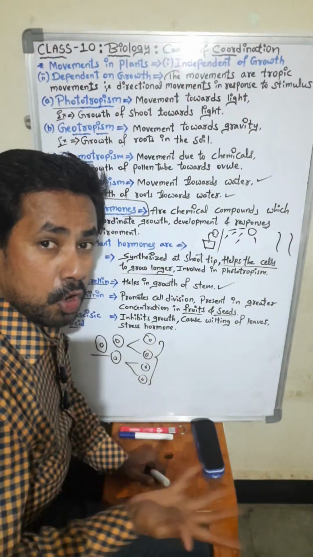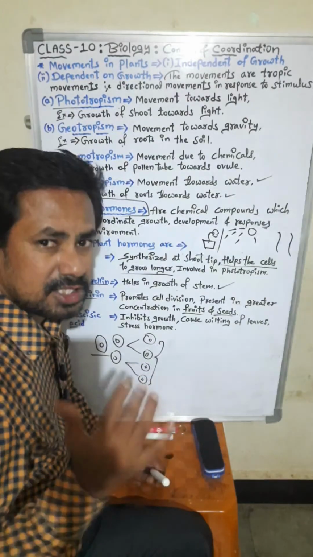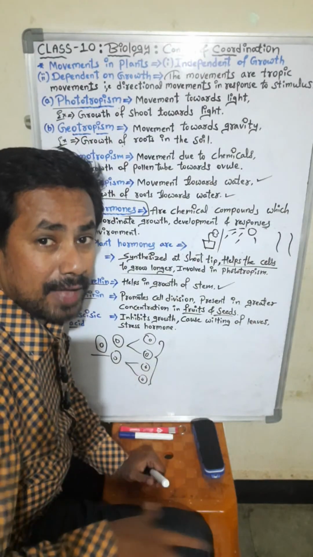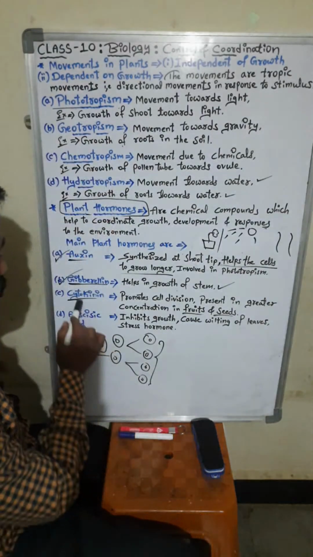There will be rapid cell division, fast cell division. Who is going to help that? Cytokinin. Remember, students, cytokinin.